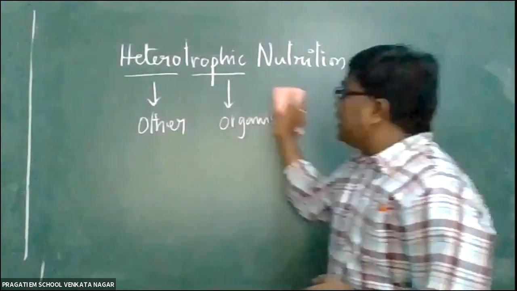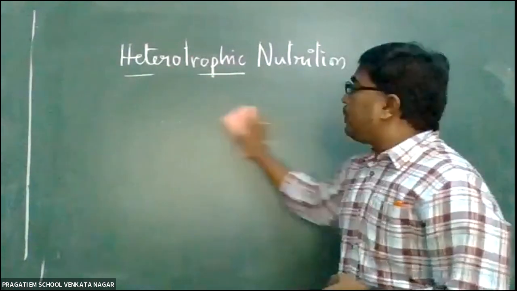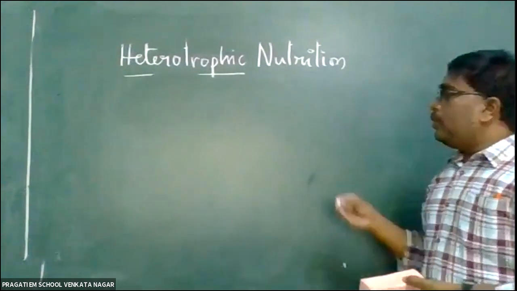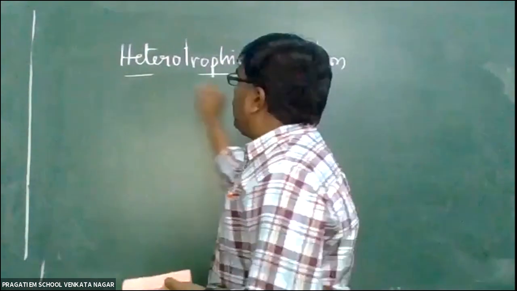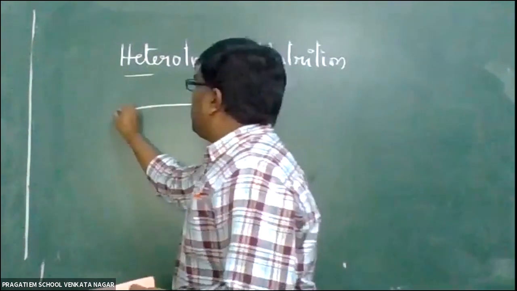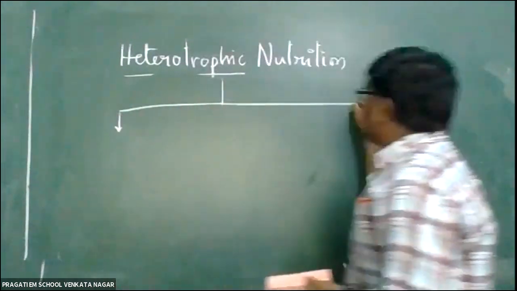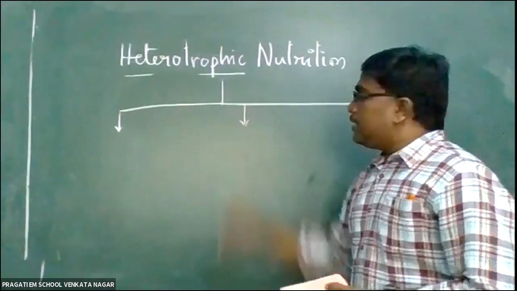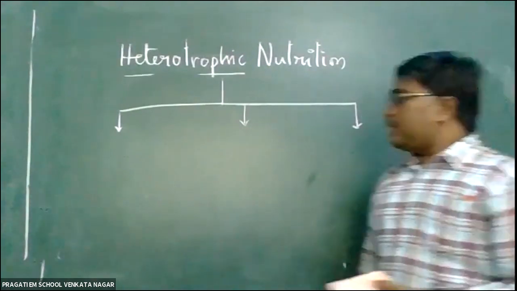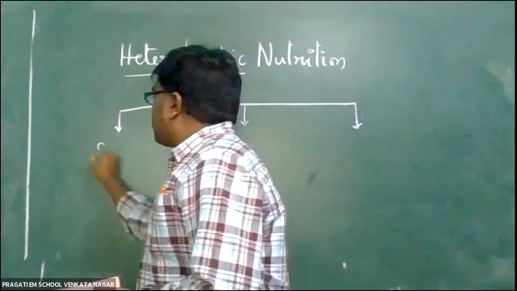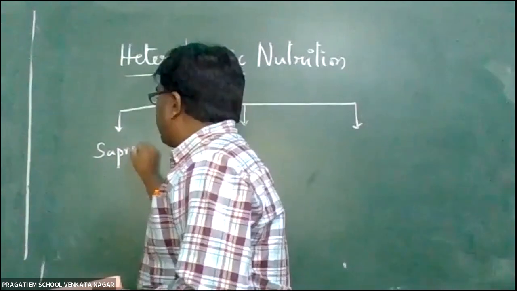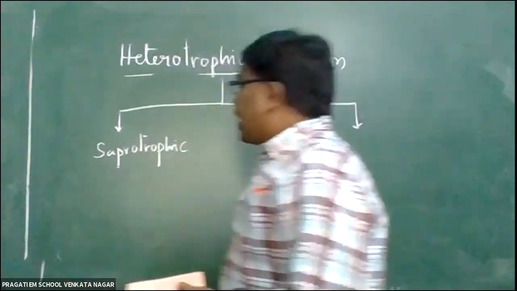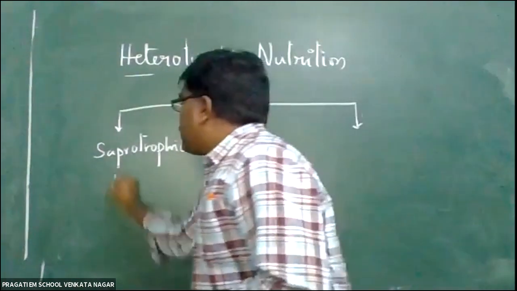Let us see the types of heterotrophic nutrition. Heterotrophic nutrition mainly divides into three categories. First one, saprotrophic nutrition.